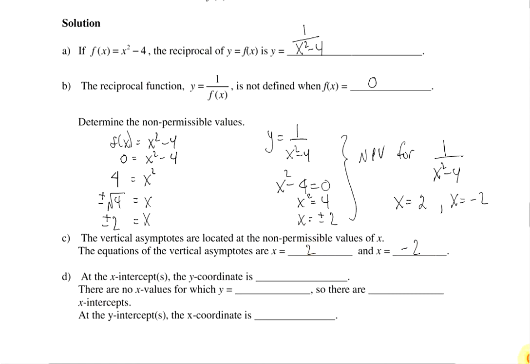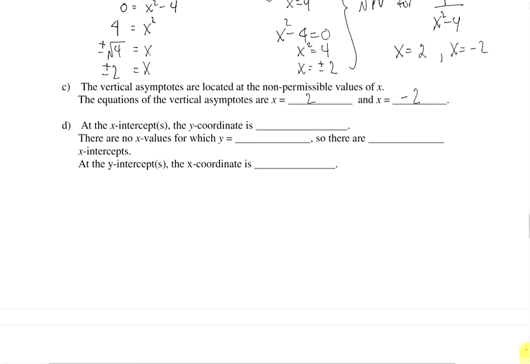Now let's take a look at x-intercepts and y-intercepts. At the x-intercepts, the coordinate y is 0, right? You know that. When you're looking for x-intercepts, plug in y is 0. So we will go to our reciprocal function, and in place of y we will put 0.